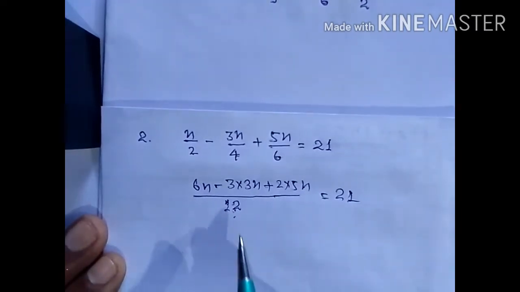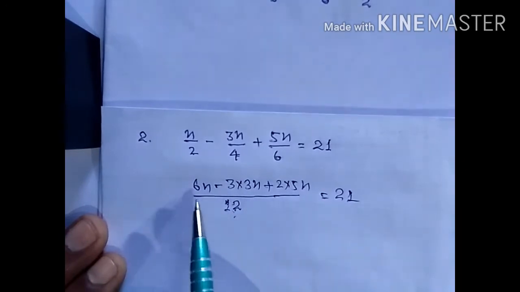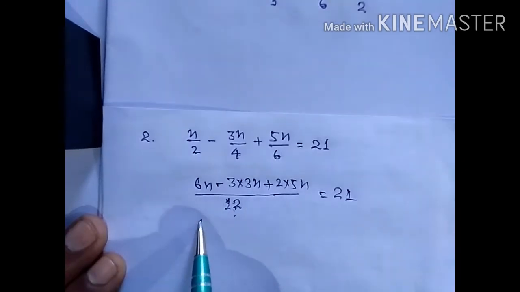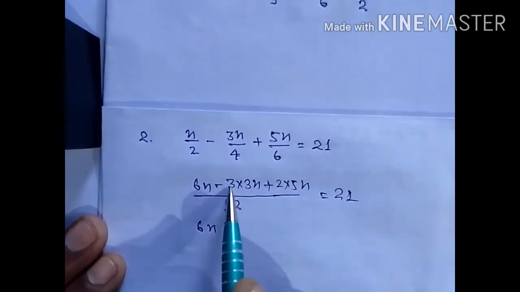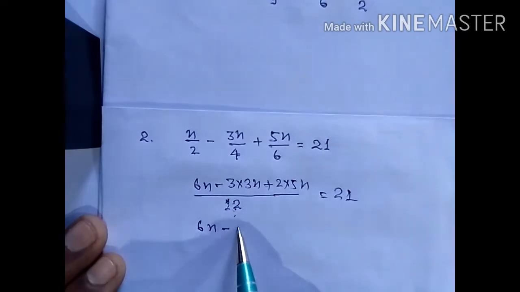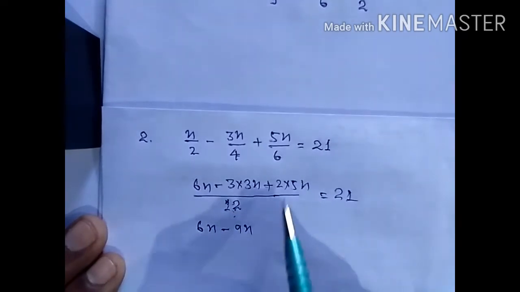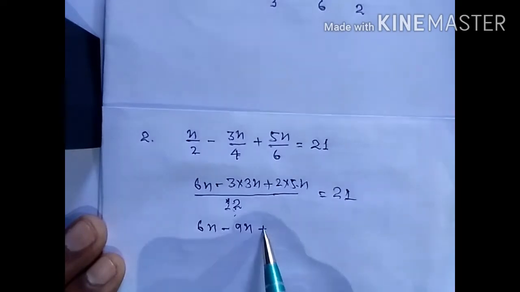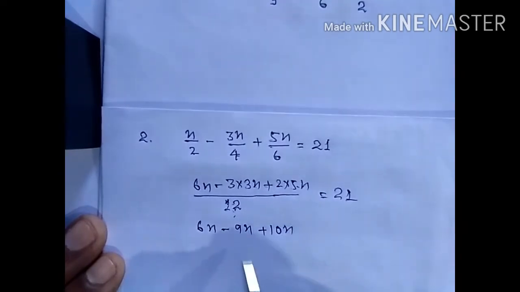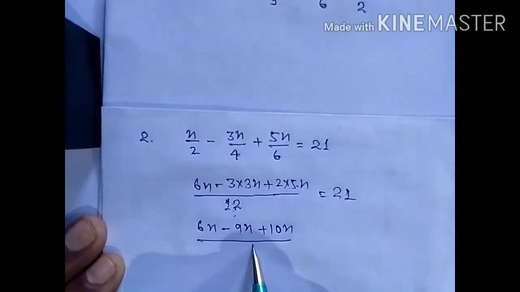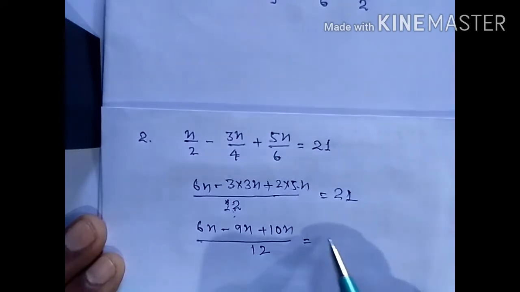Next step, students, we write it like this: 6n, minus 3 3s are 9n, plus 2 5s are 10n, all by 12 is equal to 21.